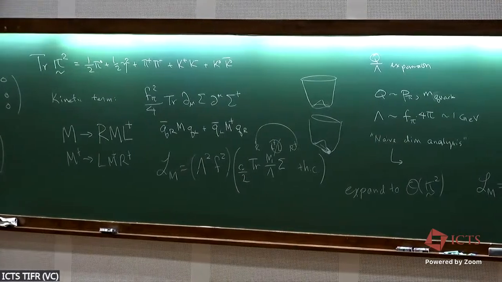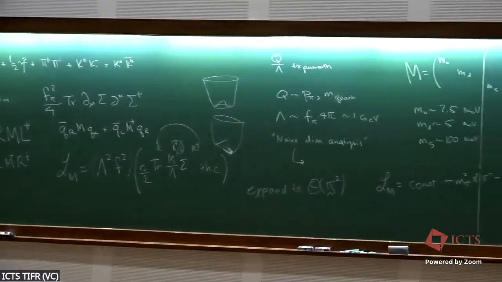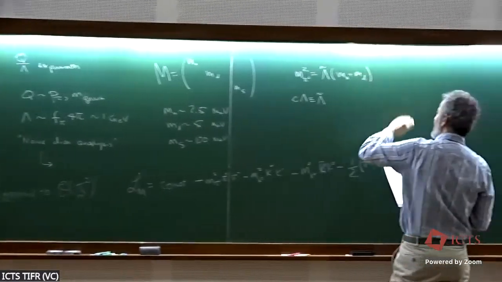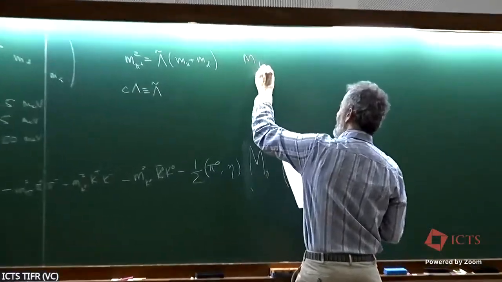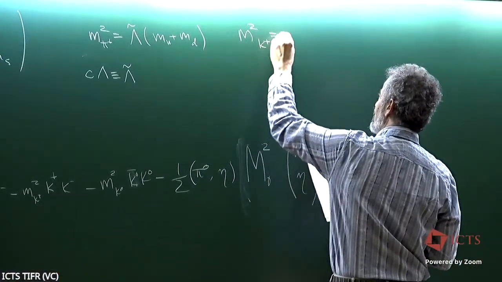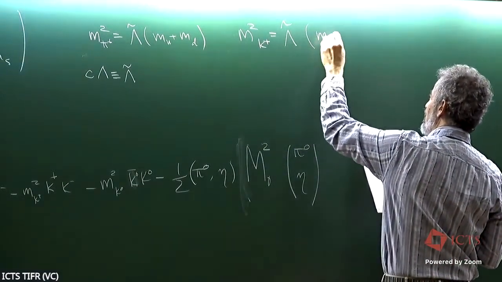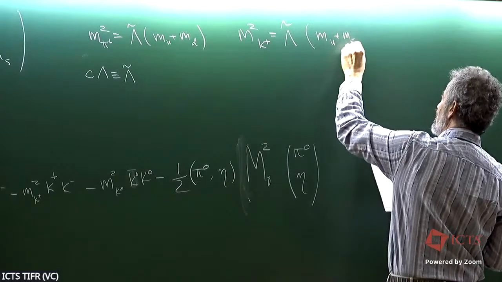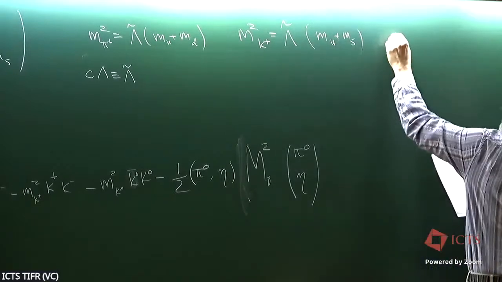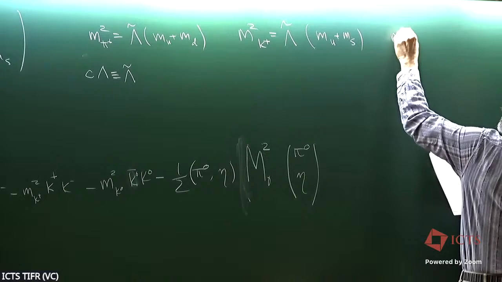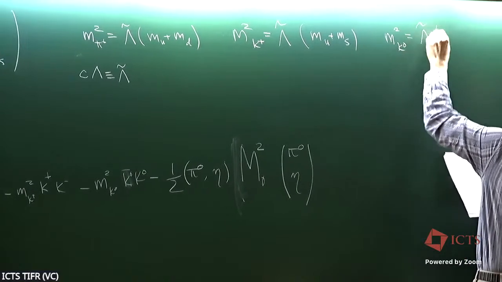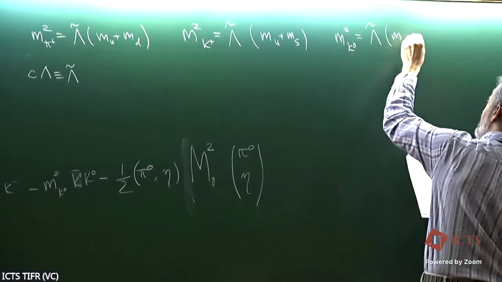So you find that m_pi+ squared is lambda twiddle times (mu plus md). m_K+ squared is equal to lambda twiddle times (mu plus ms). And m_K0 squared is equal to lambda twiddle times (md plus ms).